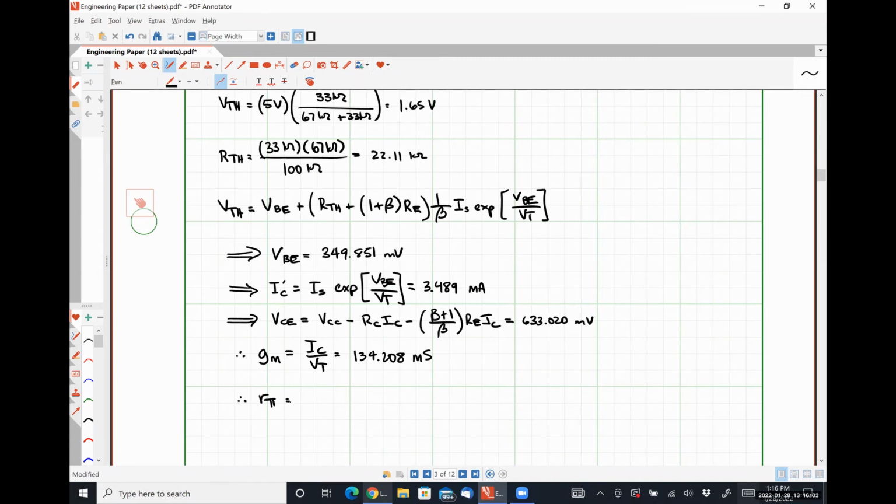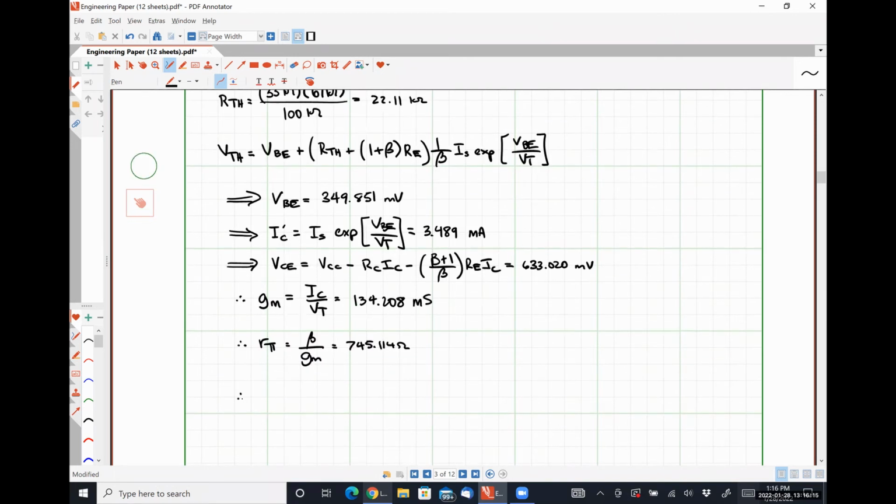R pi, which is beta over GM, is 745.114 ohms. And RO, which is VA over IC prime, is 1.433 kilo ohms.